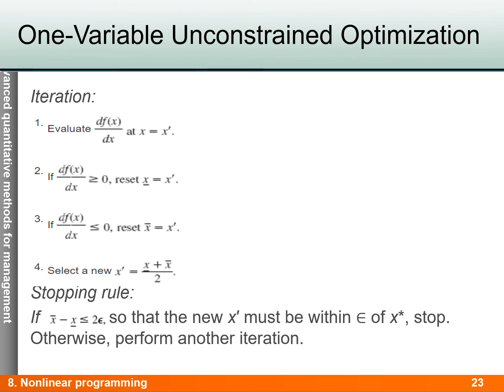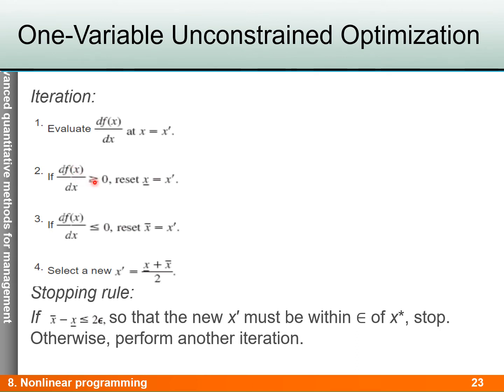After finding our x prime with the formula of the previous slide, we need to evaluate f'(x), the derivative of it. As you remember, there were three possibilities for our result: greater than 0, less than 0, or equal to 0.